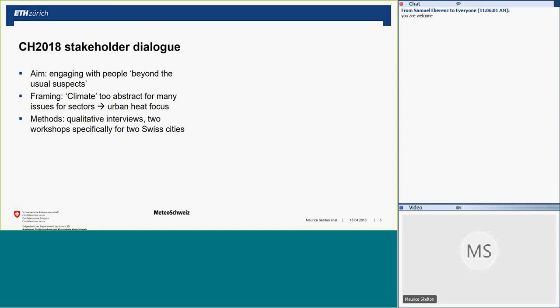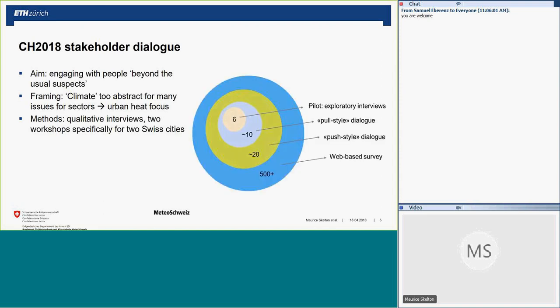So this stakeholder dialogue uses qualitative interviews, and has 2 workshops, specifically for 2 Swiss cities. What we did was a pilot of exploratory interviews last summer, with 6 people from different sectors, to get some feedback. Now we're in the dialogue phase, with what some people call a pull dialogue.